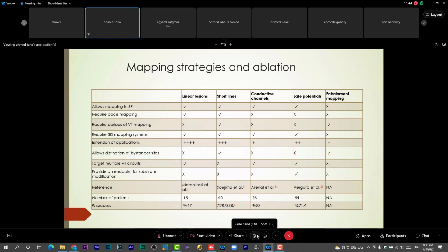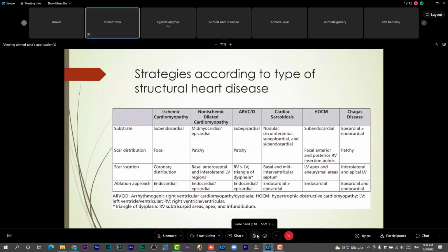Then we have linear lesions, short lines, conduction channels and dechanneling, late potentials, and entrapment mapping. And all of them can be added on or used alone according to which patient we need, and how much result we will get from the ablation itself. And according to the success rate that we have seen, which point can be added on to increase the success rate. So strategies are according to the type of the structural heart disease itself.